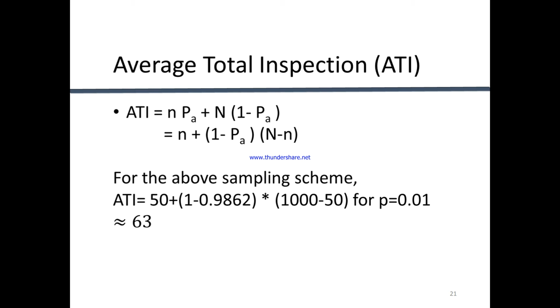So since we are talking about the process, sometimes it is important to calculate the average total inspection as well. That is, on average, how many items we have to inspect. Right? So that one we can calculate using this equation, that is n into probability of accepting plus capital N into 1 minus probability of acceptance.